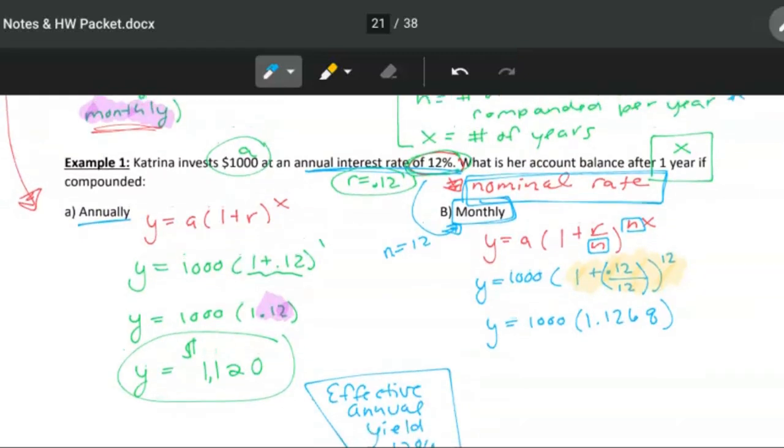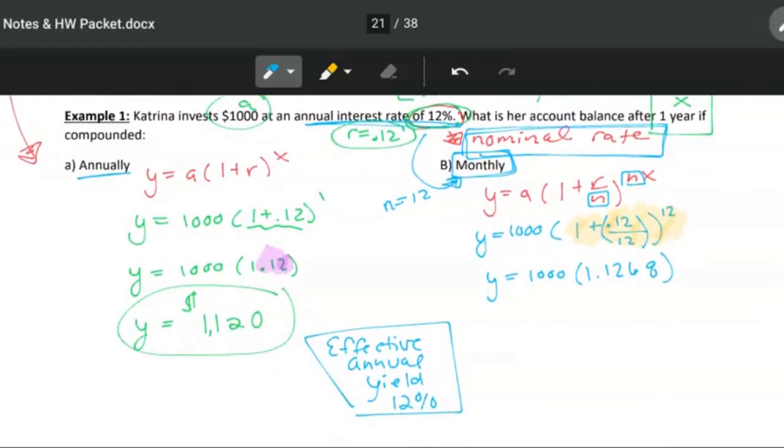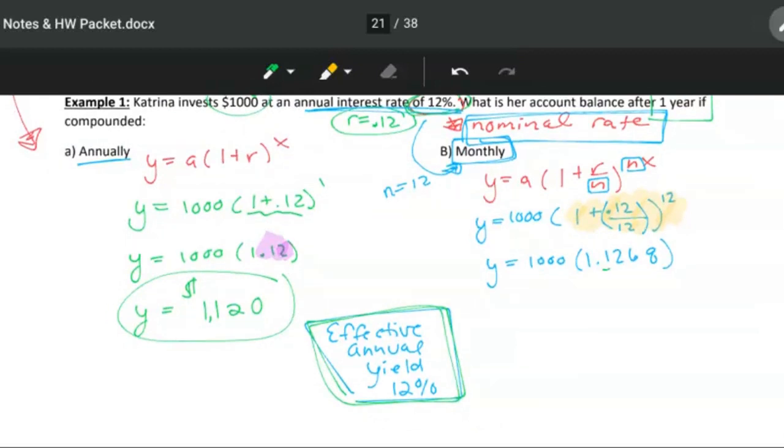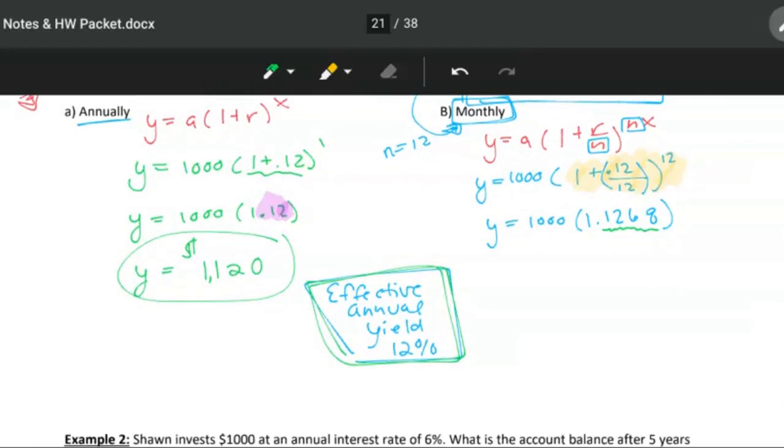From here, you can see what your effective annual yield is. We talked about in this problem, 12% was advertised and we actually got 12%. If we just look at this decimal part, ignore the 1 at the front, the effective annual yield, the percentage that you actually get, is 12.68%.